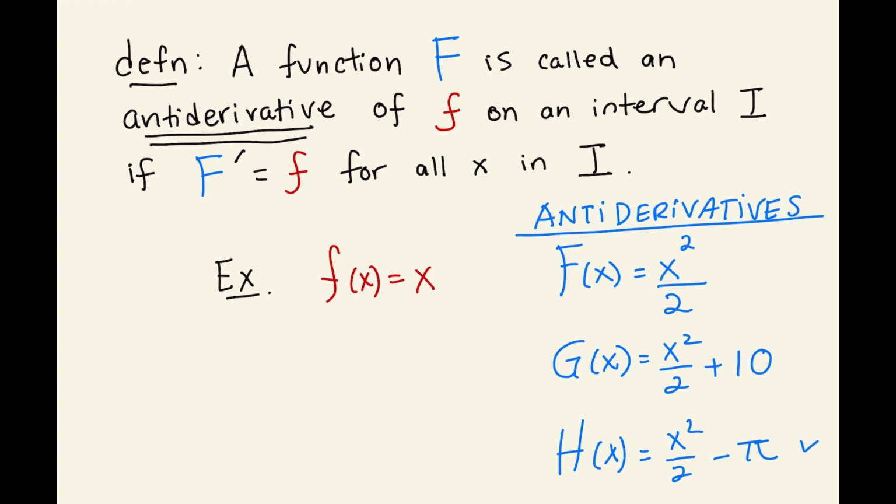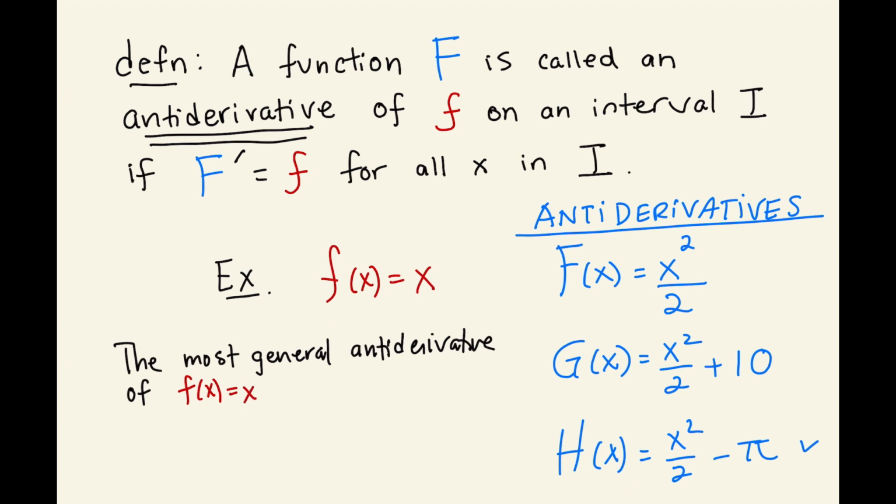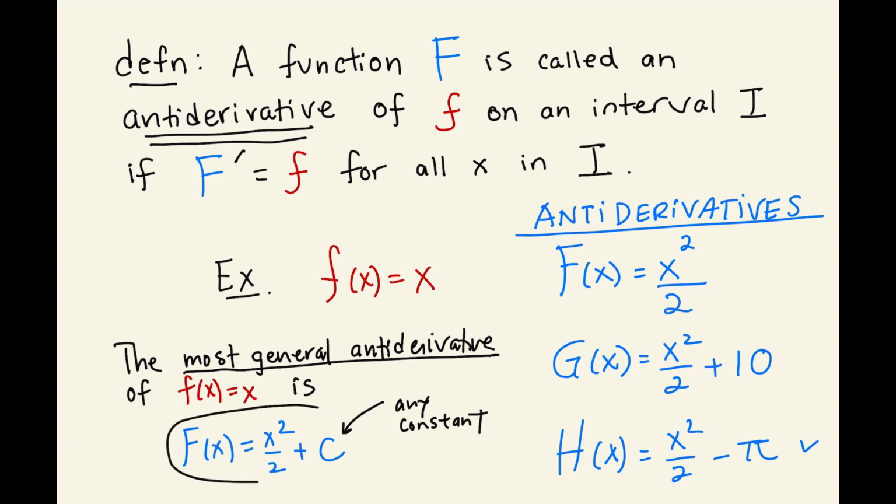The most general antiderivative of my function, f of x equal x, is given by F of x equal x squared over 2 plus c, where c is just a constant, right? So we have infinitely many. It's this whole family, and we call this expression the most general antiderivative.